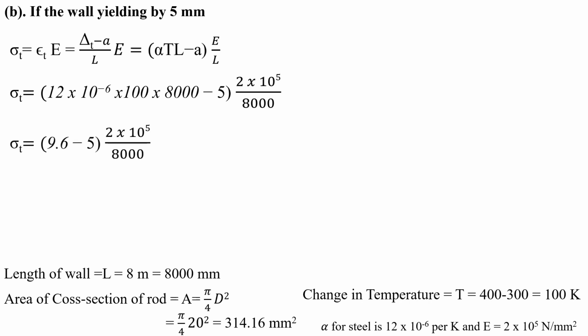If you solve this, we get sigma T equal to 115 Newton per mm square.